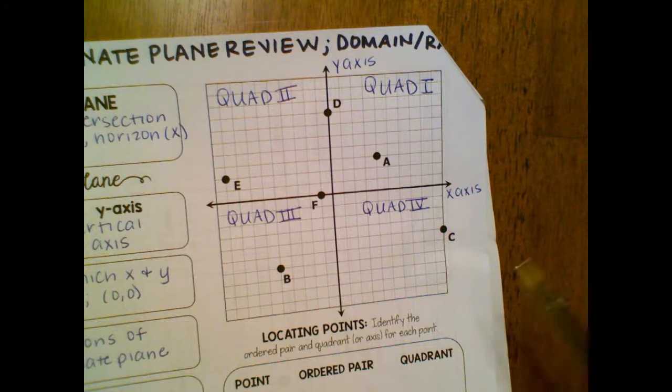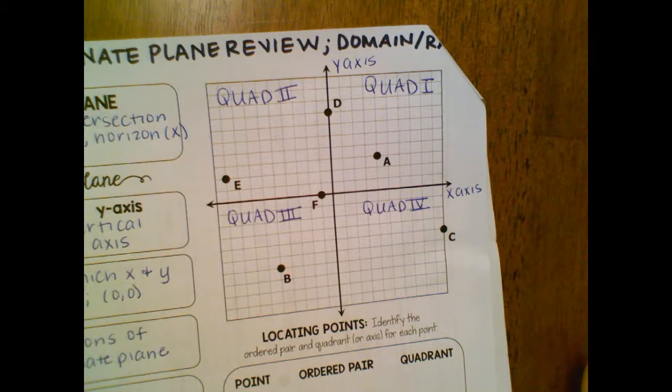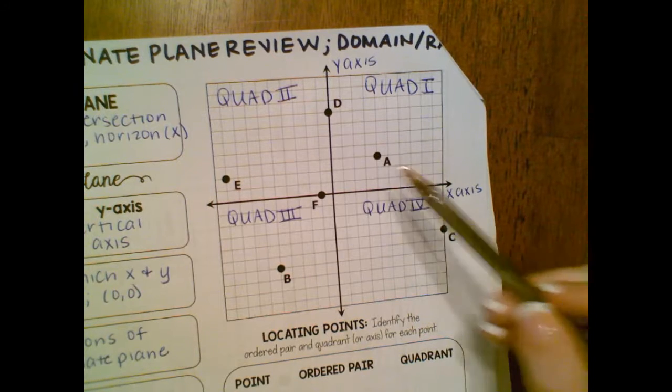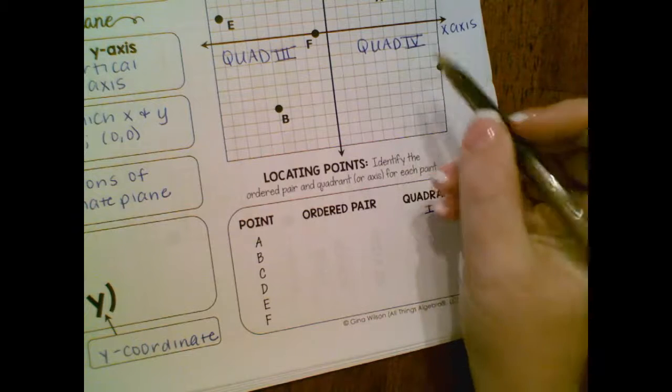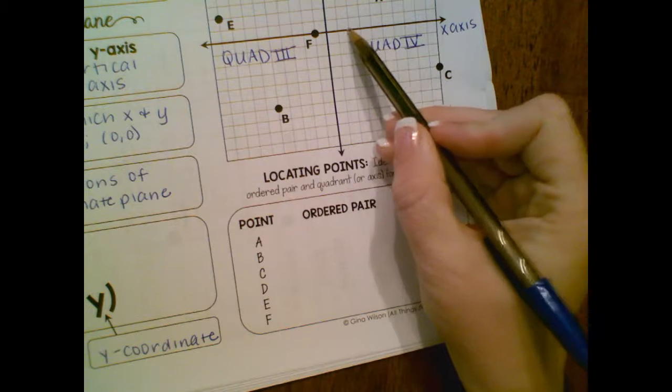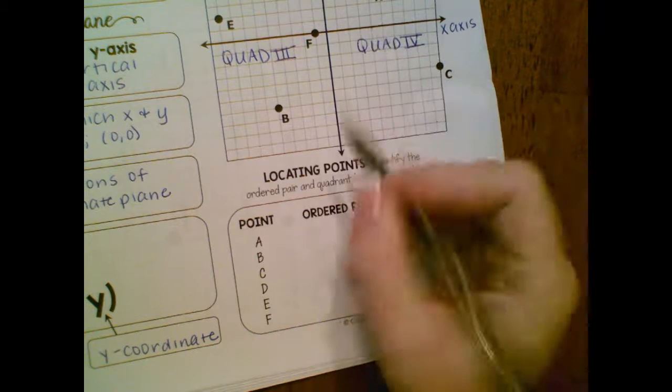This is all stuff that you have learned in previous math classes, just a quick review of the coordinate plane. So if I look at point A, it is in quadrant 1, and its ordered pair looks like 4, 2.